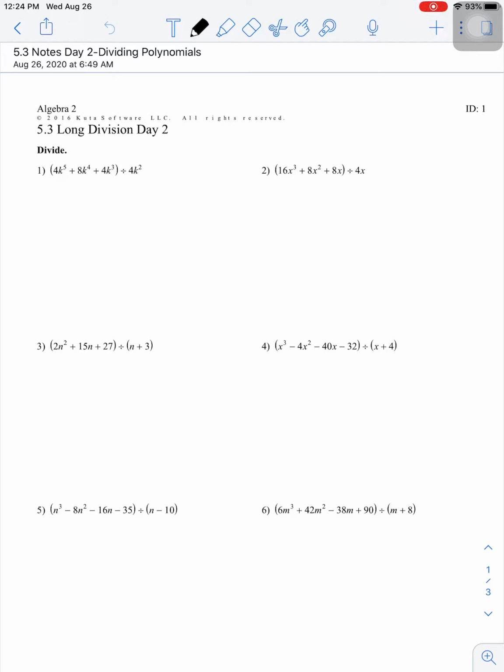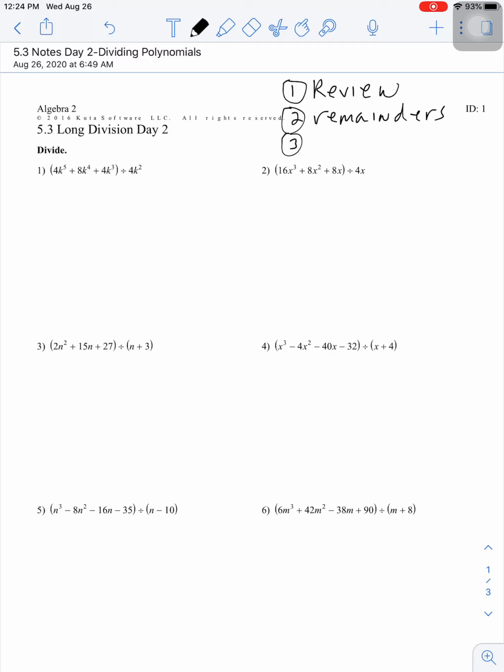All right, Algebra 2. We're going to go into day 2 of long division with polynomials. There's really going to be three things we're going to focus on. One will be a little bit of review. Two, we're going to get into remainders.